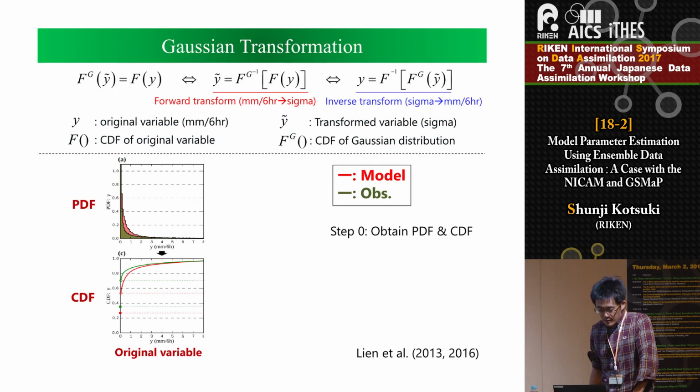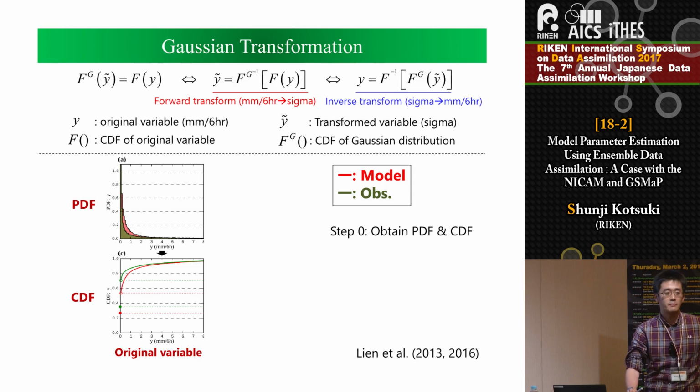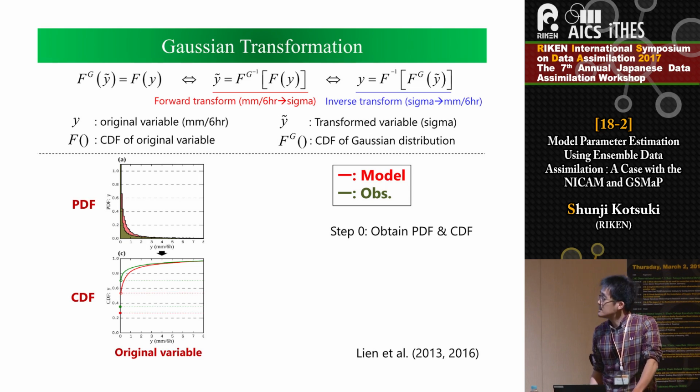Now we are proposing the Gaussian transformation. The concept is very simple. It assimilates not the precipitation variable directly, but the probability of the event based on the past precipitation record. Let's see an example. For this method, we need to prepare the PDF of the precipitation for both model and observation.